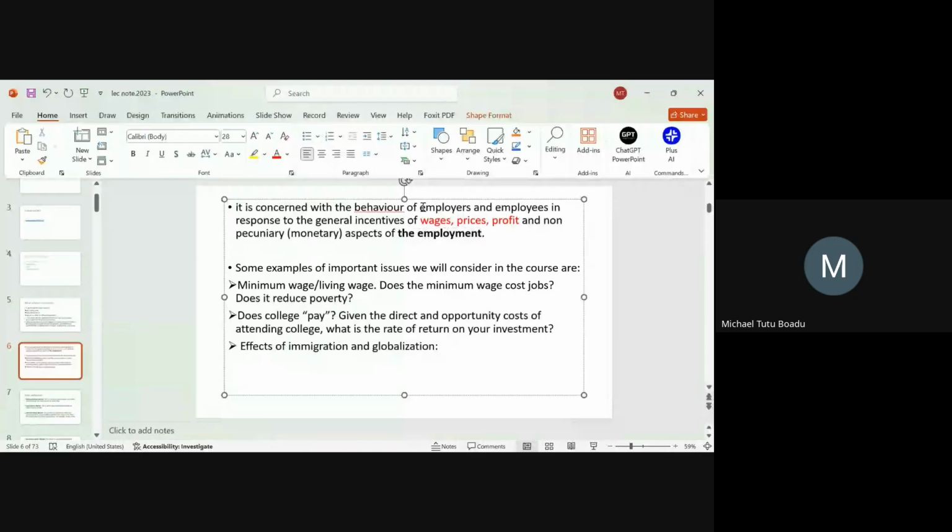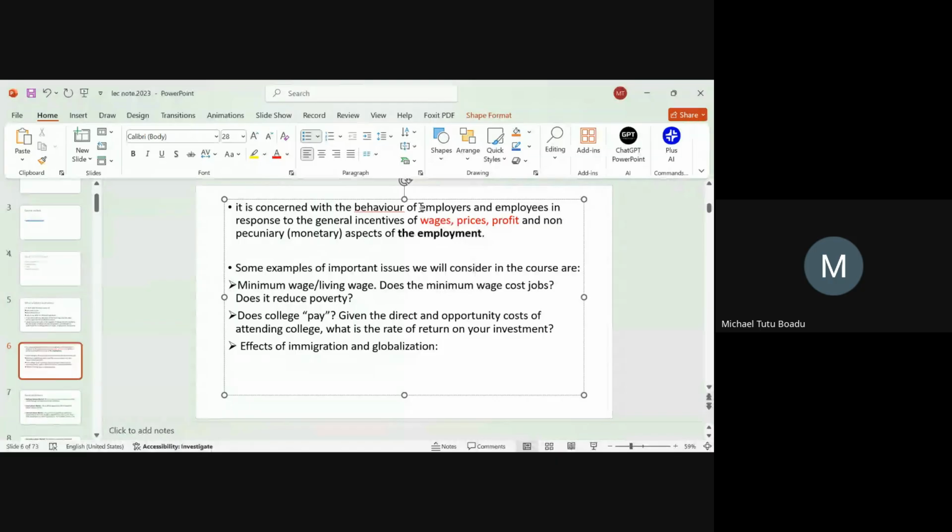So if employers and employees behave in a certain way, especially in a manner that will compromise these three variables, it is going to have an effect on the last variable, which is employment. If employees are bargaining harder, it means wages must rise.